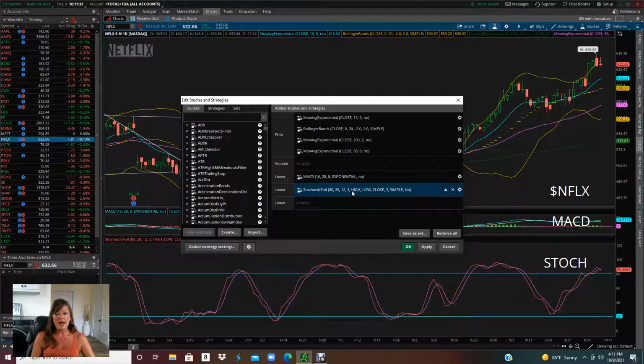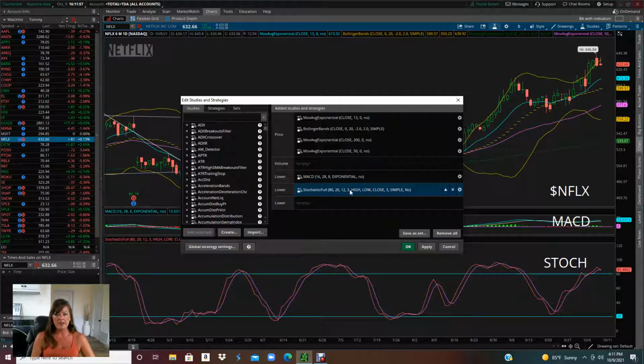I did tweak mine. If you use the default, the lines are very erratic, choppy, and hard to tell when a reversal is coming. So I had to tweak mine, and you should tweak yours too. Right now I have my 80 line and my 20 line that I always talk about, and 12, 3.